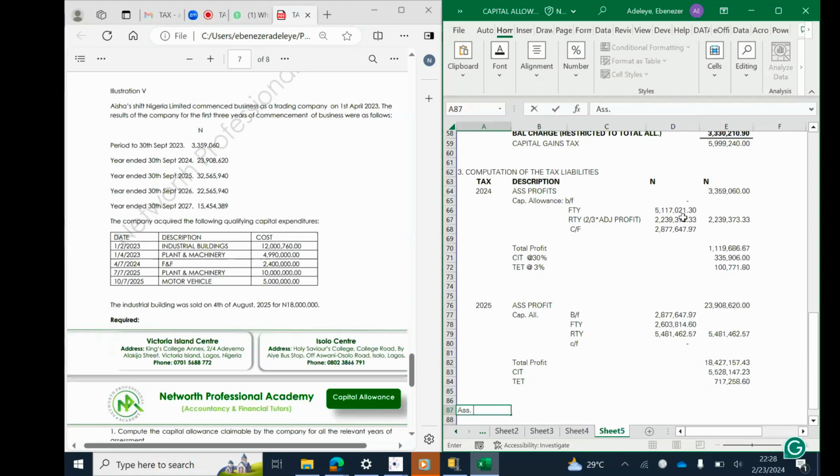I've not shared it, but I'm going to share it immediately after the class because of my confidential stuff. Assignment: compute for 2006 to 2029.